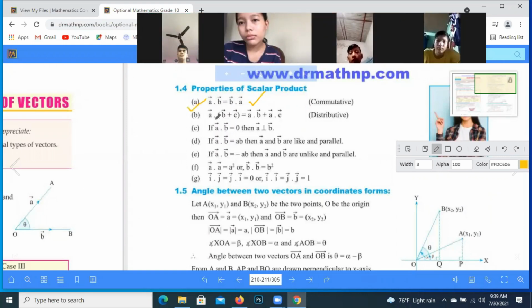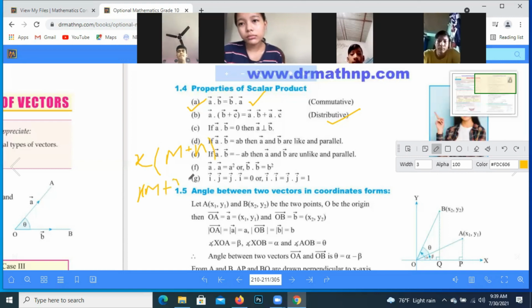So next point, look: a vector dot bracketed terms b vector plus c vector also means a vector dot b vector plus a vector dot c vector. It follows the distributive property as well. Like when x is outside and m plus n is inside, we first multiply x with m then x with n, right? xm plus xn.